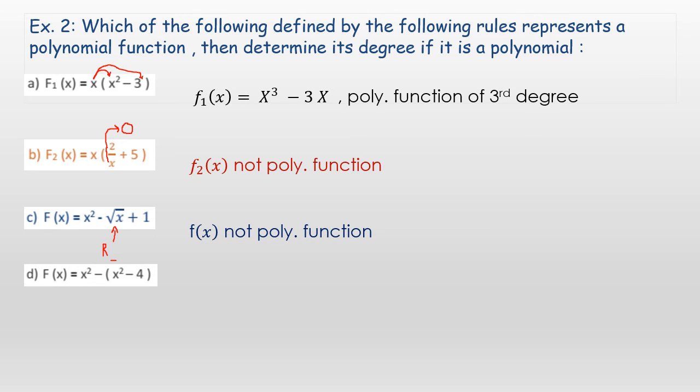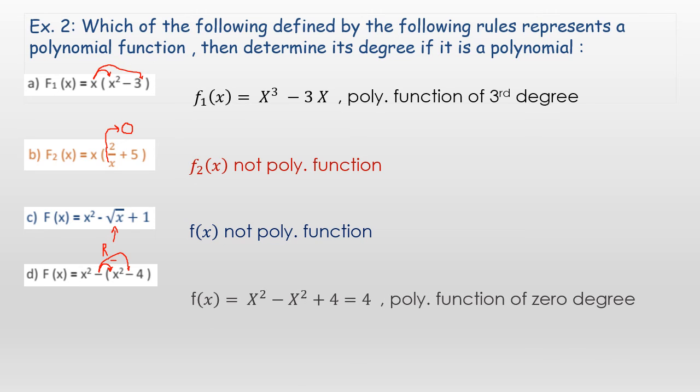The last example is f of x equals x to the power 2 minus the bracket x to the power 2 minus 4. So this is a polynomial function. By simplifying, we multiply: x to the power 2 minus x to the power 2, and negative times negative is positive, so positive 4.